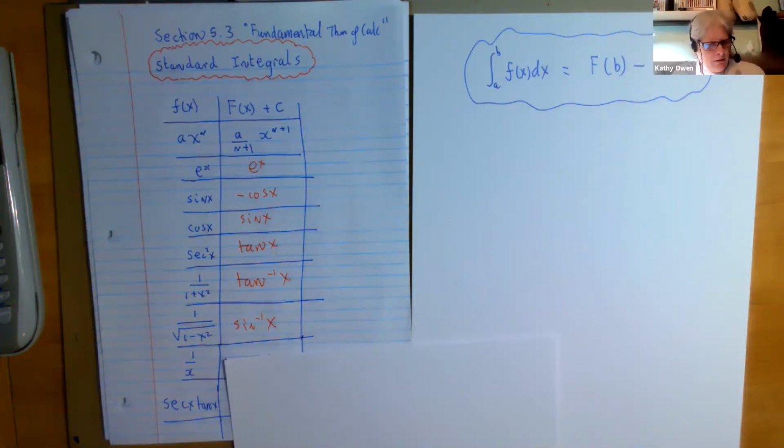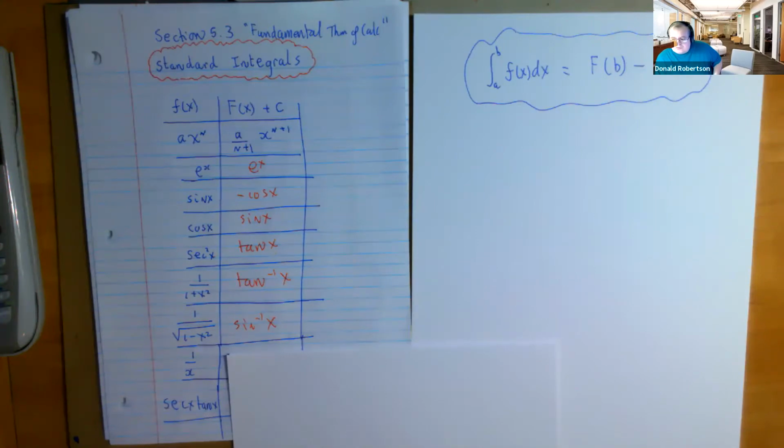If the book's being awkward, what will you sometimes write instead of the natural log of x? The natural log of the absolute value. Right. If you put the absolute value in the wrong place, it'll probably tell you you're wrong as well. So if you do an answer and it ends up being the natural log of 2x plus 1 or something, just random, if it doesn't like it, call it the natural log of the absolute value of 2x plus 1, and it probably will like it.